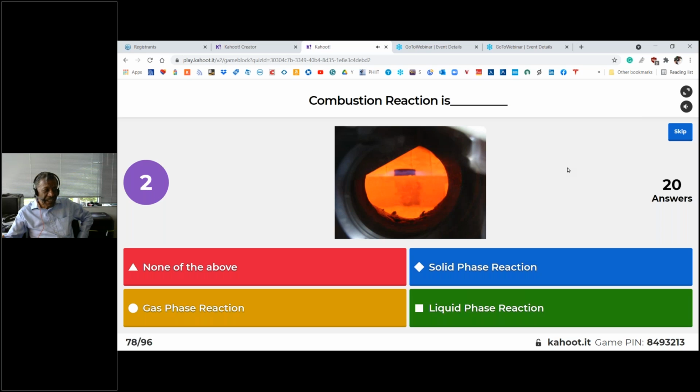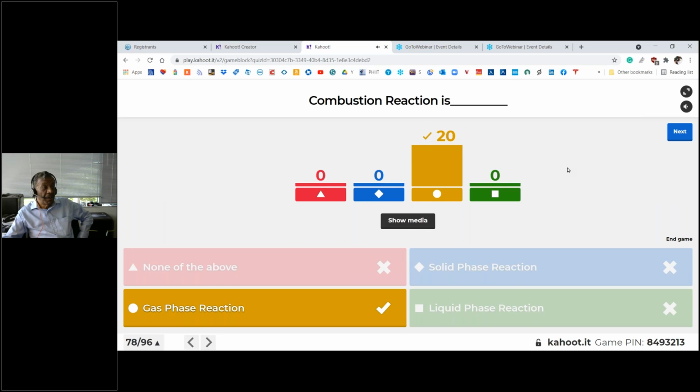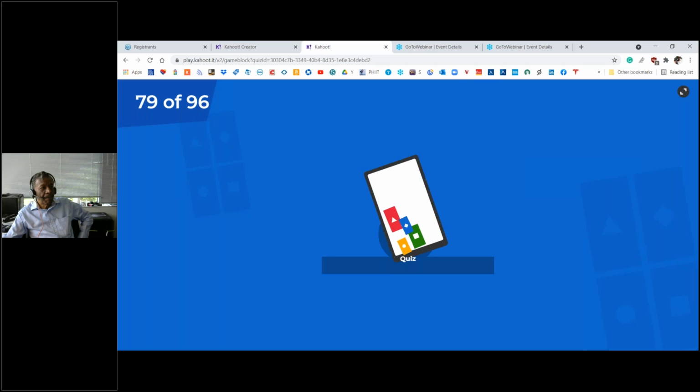So we have all three types of fuels, but almost all of you got it right. Actually, I don't have to explain anything. Combustion is a gas phase reaction irrespective of the type of fuel, whether you are having liquid fuel, solid fuel, or gaseous fuels. Combustion is a gas phase reaction. Thank you very much.